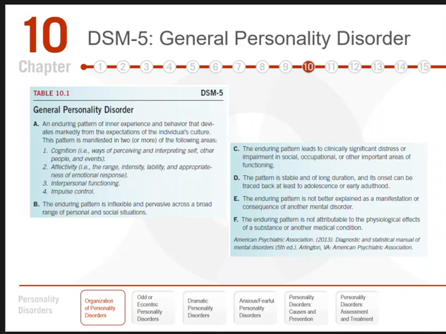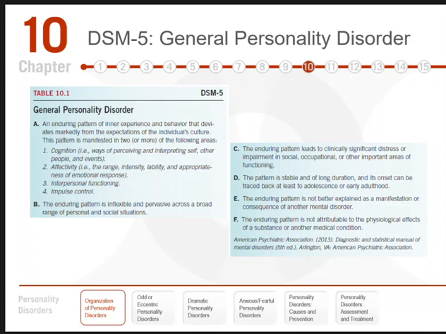Cognition, just like we saw in our continuum, ways of perceiving and interpreting self, other people, and events. Affectivity. The affectivity is emotions: the range, intensity, and lability, which means the amount of change, the extremes in change. So it might be really low one minute and really excited or angry the next.